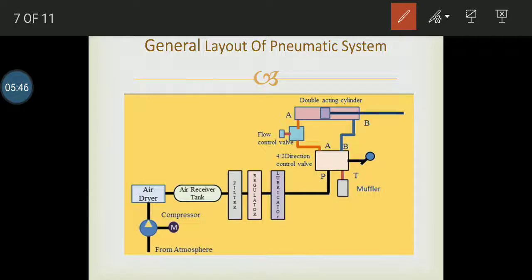So once the air has passed through the FRL, the filter, regulator and lubricator, it gets connected to the direction valve. A direction valve is a valve which gives direction to the supply of the air. It has two sections, in which 4 ports or even n number of ports are there.